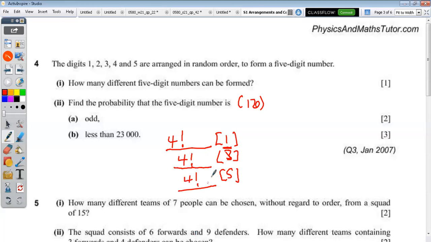So it's simply 3 multiplied by 4 factorial, divided by 120, which gives you 3/5.